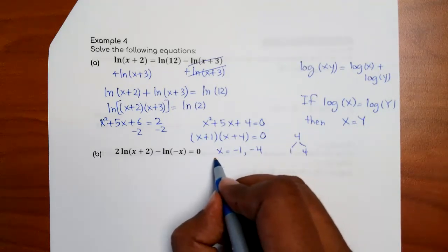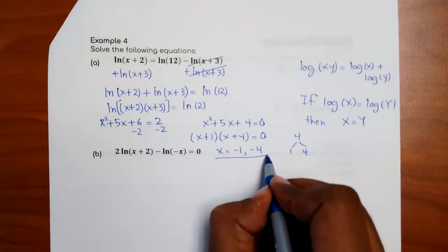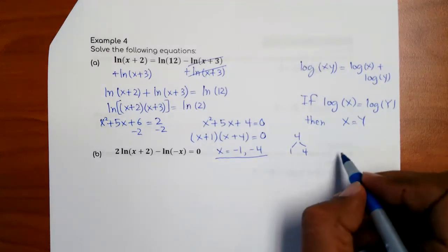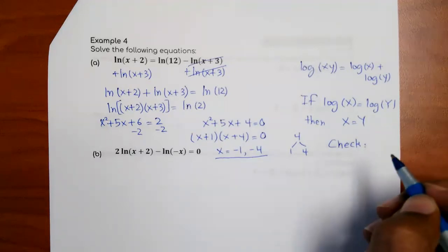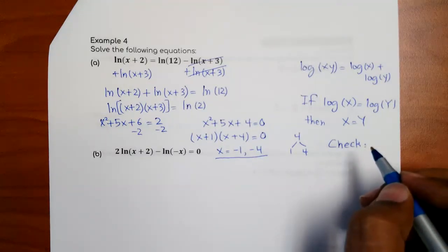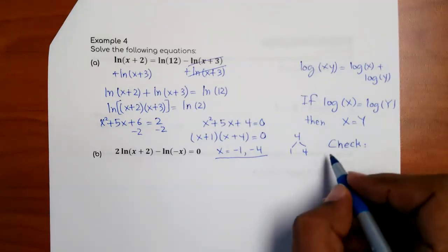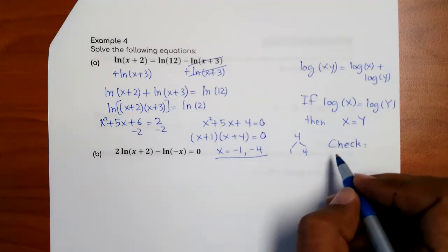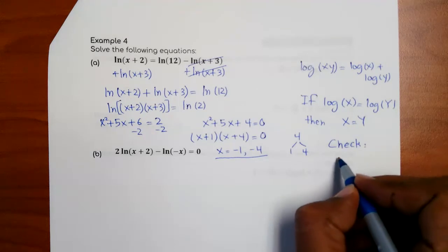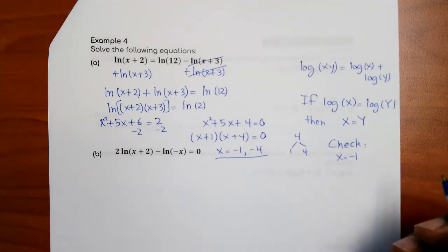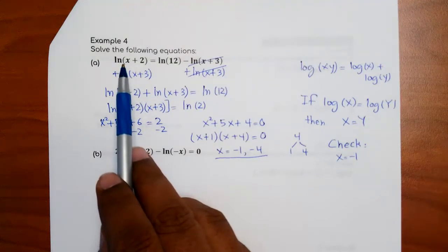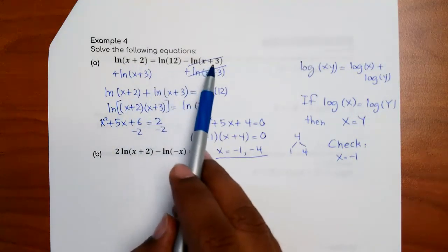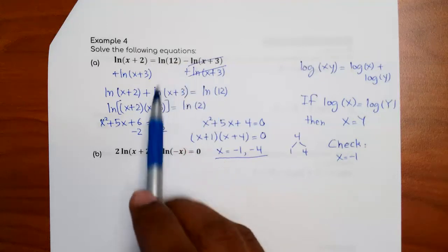Now these are my two solutions. I need to check if any of these solutions is an extraneous solution or not. So when I say x is equal to -1, then among these terms, ln(x + 2) and ln(x + 3), both are positive.